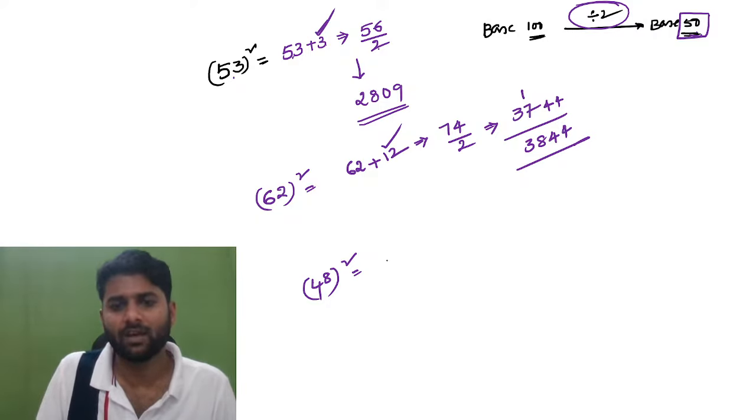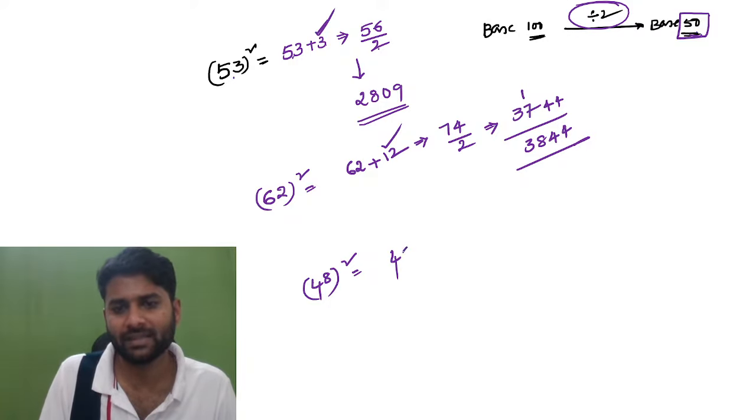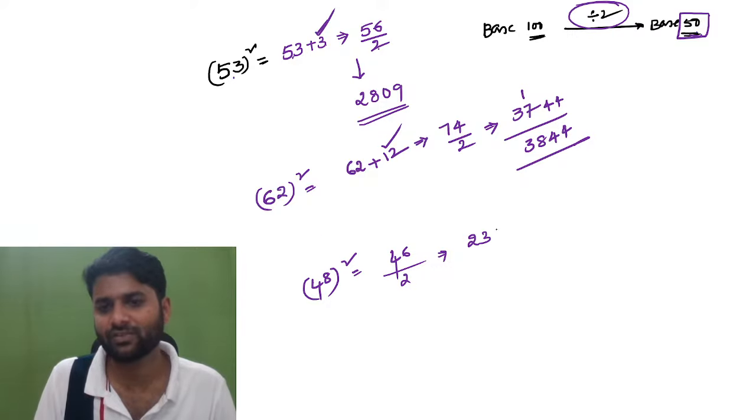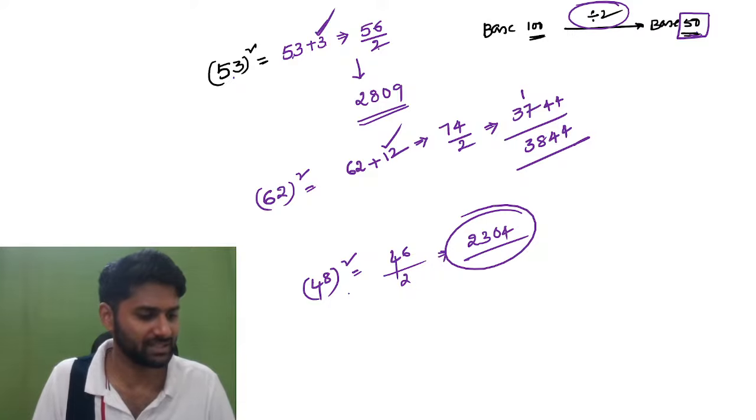Now see, 48 is less than 50 by 2 units, and those 2 units you have to subtract from 48. 48 minus 2 is 46, now divided by 2, it becomes 23. Remember guys, we subtracted 2 units, so square of 2 is equal to 04. So 2304 is the correct answer.